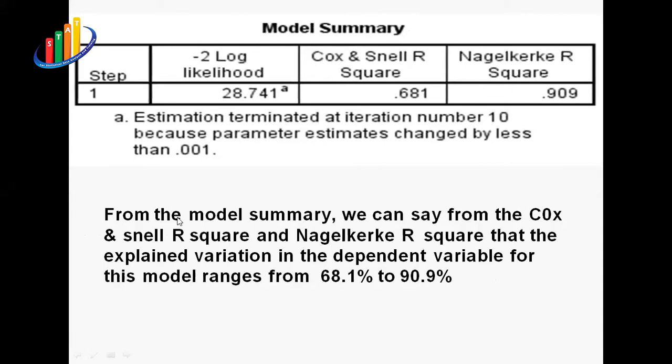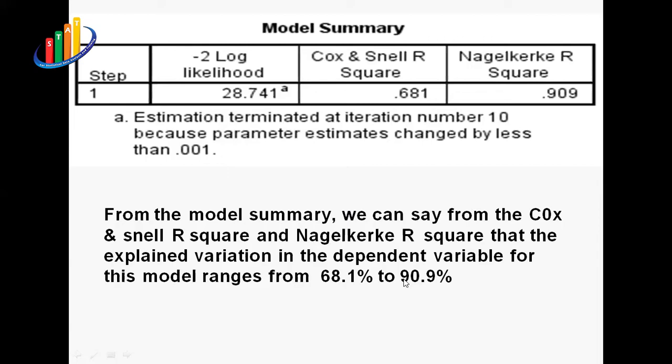So this is another test which represents the model summary, the fitness of the whole model. In this table, the Cox and Snell R-square value and the Nagelkerke R-square value are very important. From the model summary, we can see that Cox and Snell R-square and Nagelkerke R-square are nearly 68 to 90%.